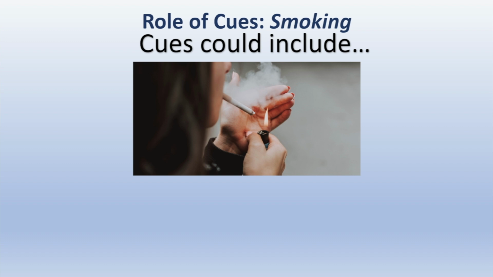Okay, so for example, a lighter or something that might give someone that little bit of a buzz because they've associated that with smoking. So if you want to just make a little list, I am going to go through quite a few examples with you. So it's up to you whether you want to write them in your book or if you want to write them on a separate piece of paper, and then we can go through them together in a minute. So if you want to pause the video, write down some cues, and then press play when you're ready to go through it.